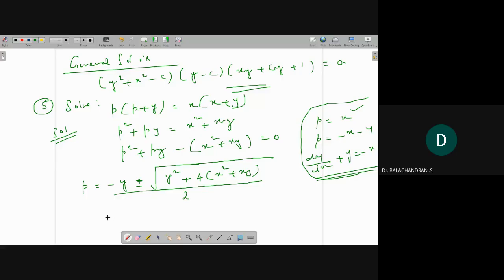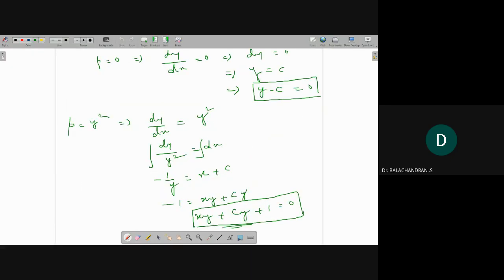Now this is equal to minus y plus or minus root of y square plus 4x square plus 4xy, divided by 2. This you can write as y plus 2x whole square under the root. A square, b square: b square is 4x square, plus 2ab, 4xy. Okay.